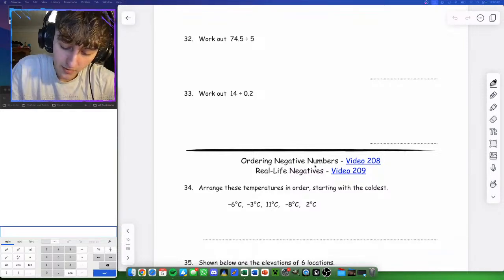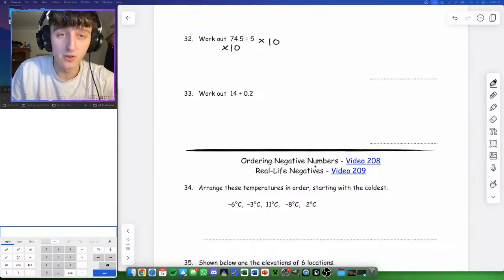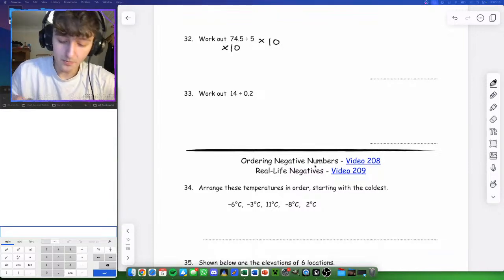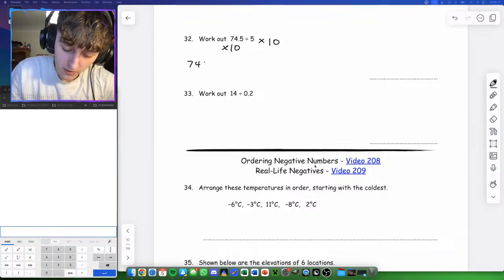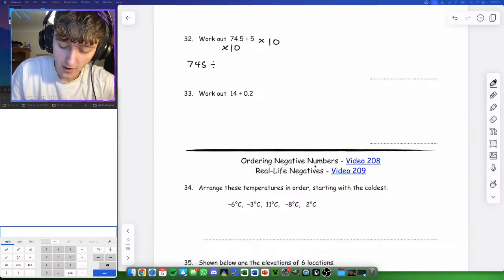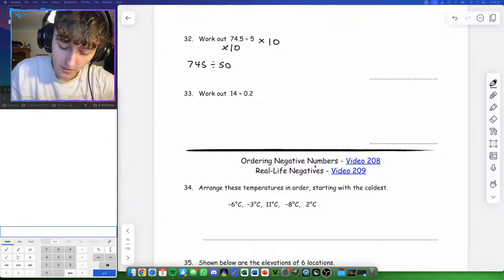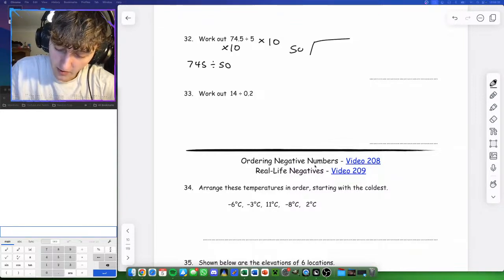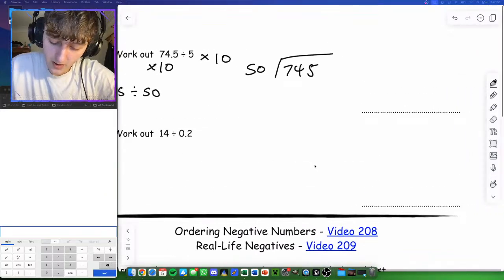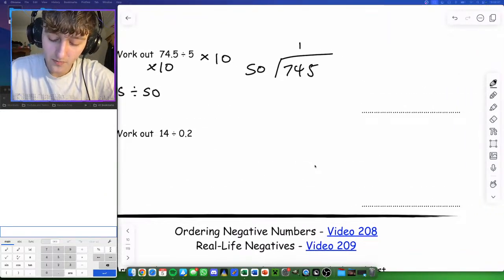If we times one side by 10, we'll times the other side by 10, and with division, as long as you times both your numbers by 10, your answer will not need to be changed in size and magnitude. So we'll do 745, because that's 74.5 times 10, and 5 becomes 50. Then we can go to the bus stop method. 50 on the outside, 745 inside, and we get 1 in the 74.